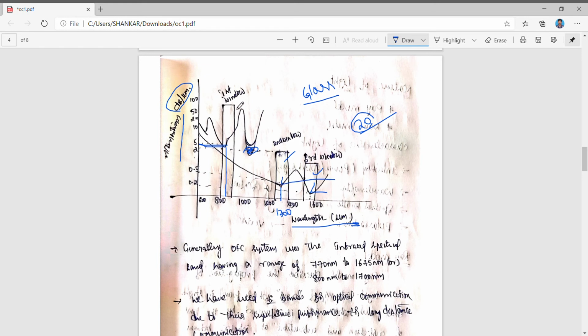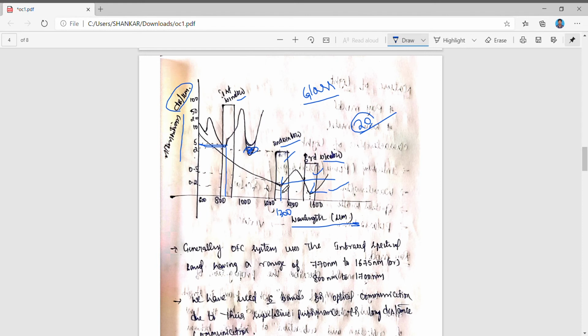So this one is represented as the first window, this is the second window, and this one is the third window. In the third window the attenuation is 0.2 dB, but in the second window the attenuation is 0.5 dB. Which one is better? The third one has less attenuation, so it is better. But the designers also use the 0.5 dB.